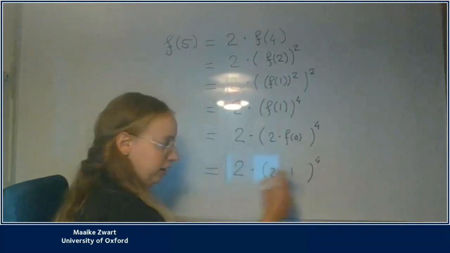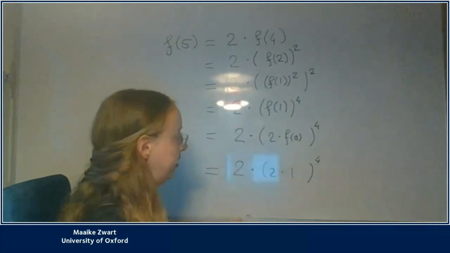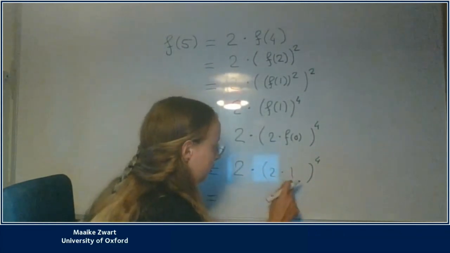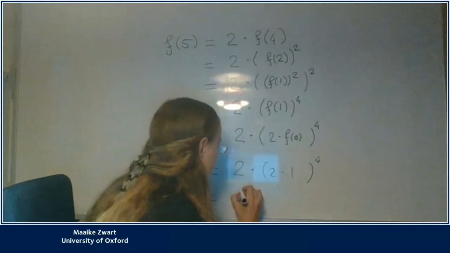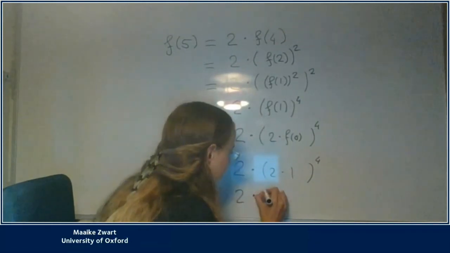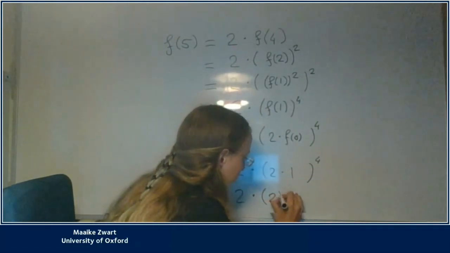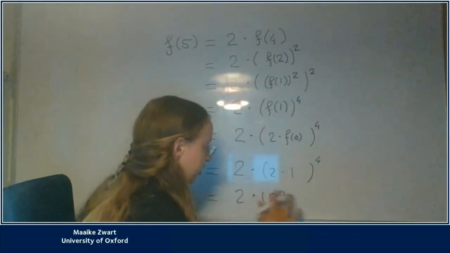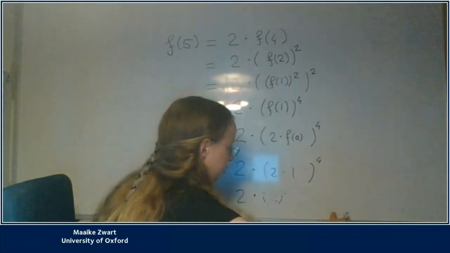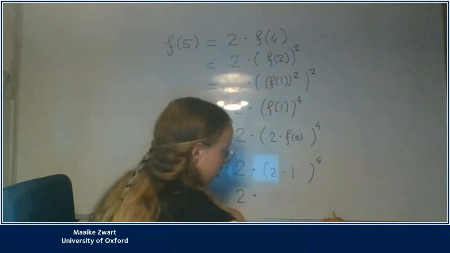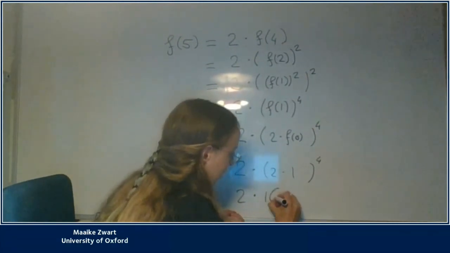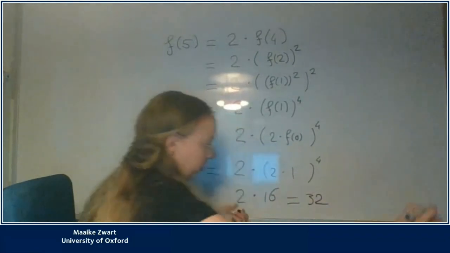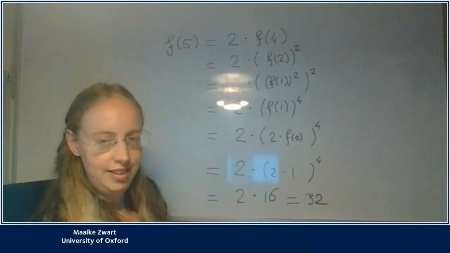And now I just need to work out what this value is. So that is 2 times 1, that is 2. That is 2 times 2 to the power of 4. 2 to the power of 4 is 16. I'm running out of space here, so I'm just going to do that. That is 2 times 16, and that is 32. Nice.